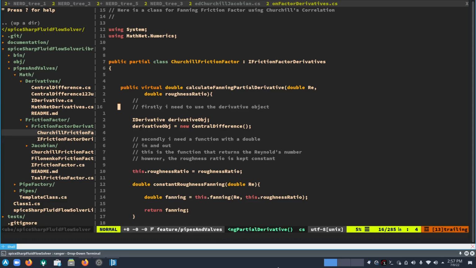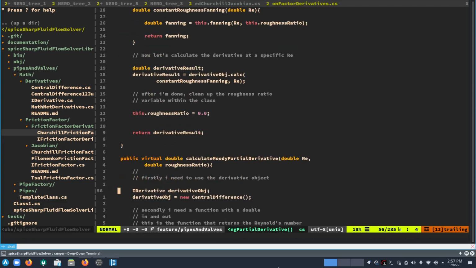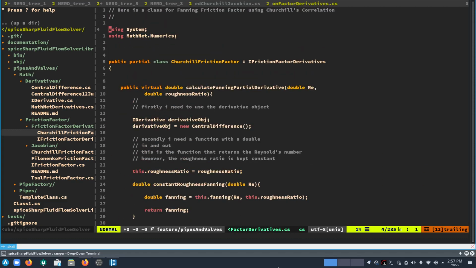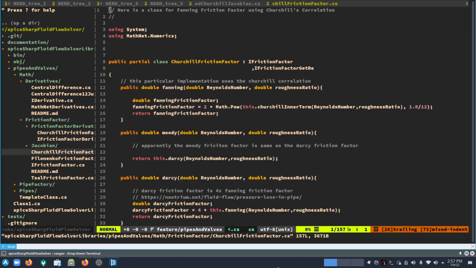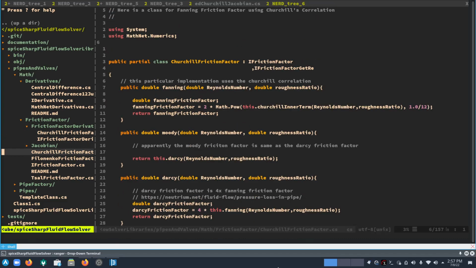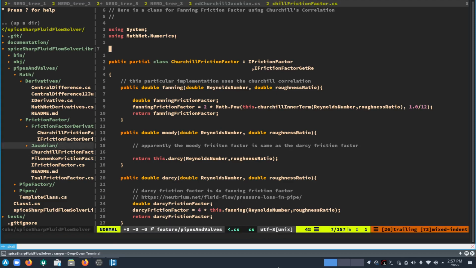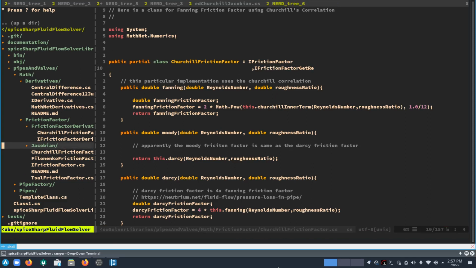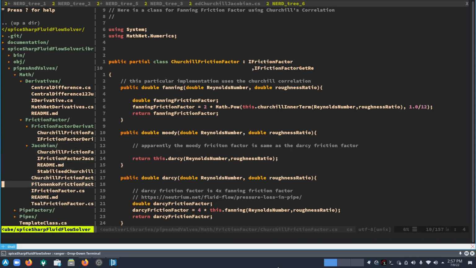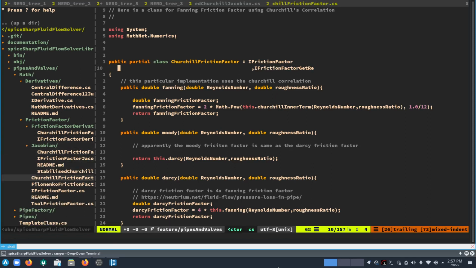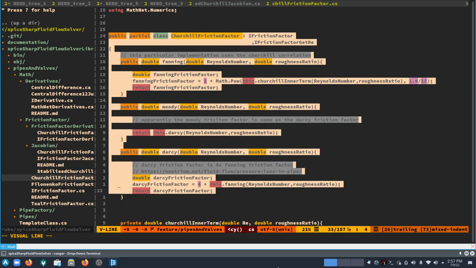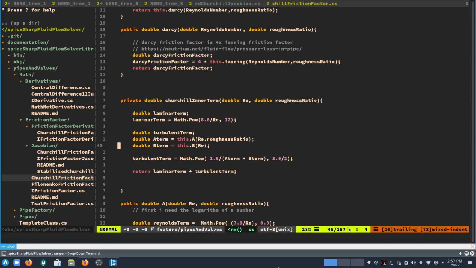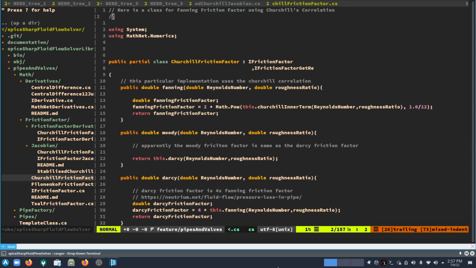Here are classes used for the partial derivatives only. Oh, right. So this is the friction factor I was trying to look at for the Jacobian, but this one is just for calculating A and B, not the Jacobian. This class actually contains the vanilla Churchill friction factor.